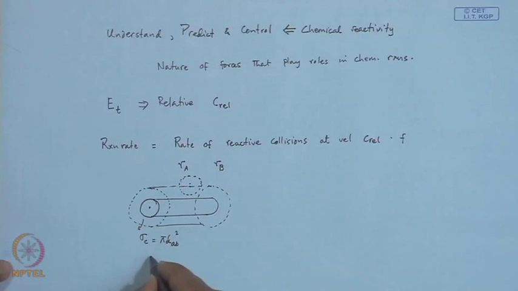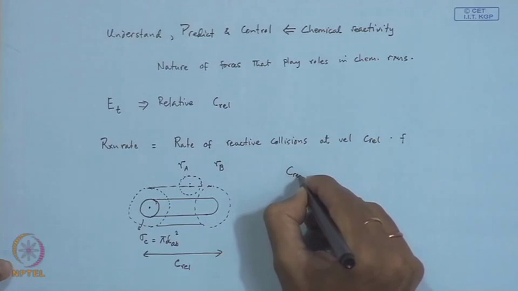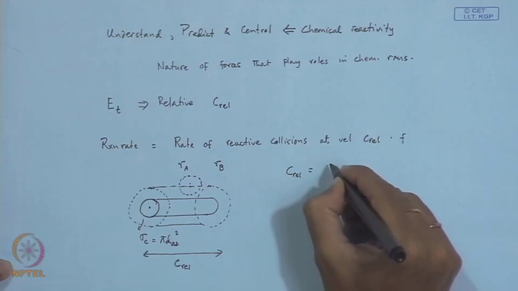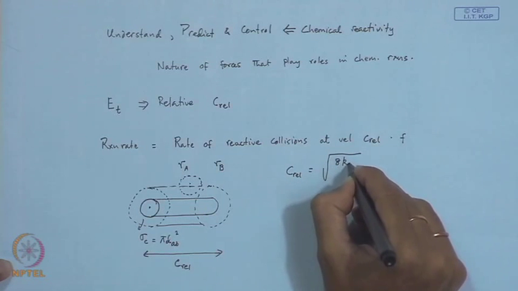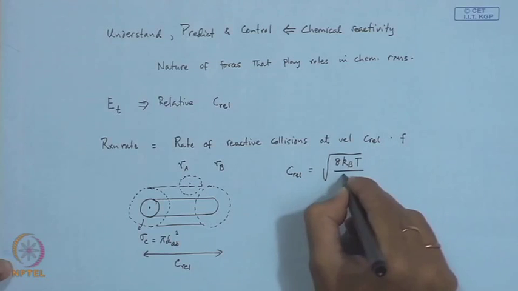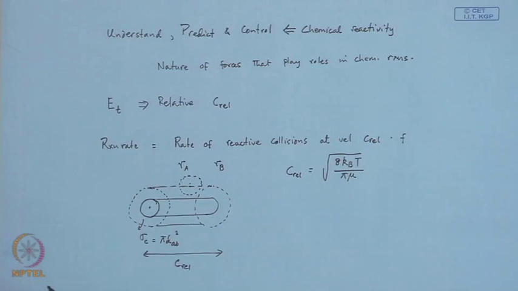And this is the relative speed, so this length is nothing but c rel, and at a given temperature c rel is equal to square root of 8 k b T by pi mu, where mu is the reduced mass of the system, that is m a and m b.